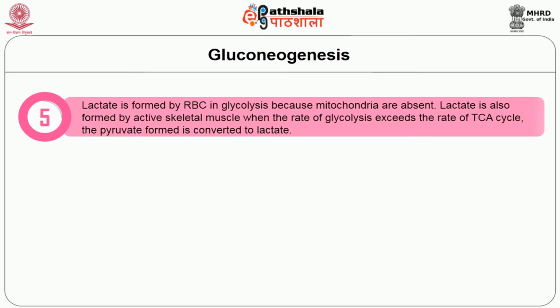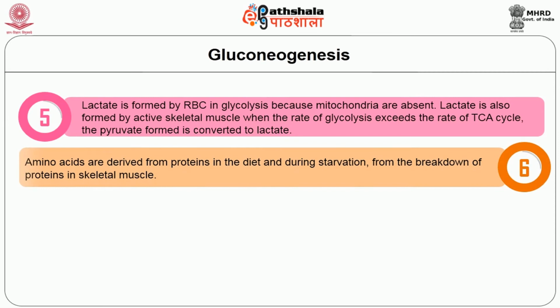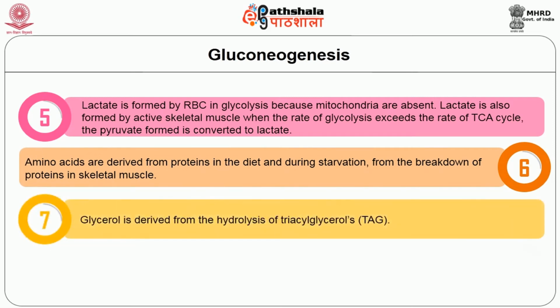The pyruvate formed is converted to lactate. Amino acids are derived from proteins in the diet and, during starvation, from the breakdown of proteins in skeletal muscles. Glycerol is derived from the hydrolysis of triglycerols.